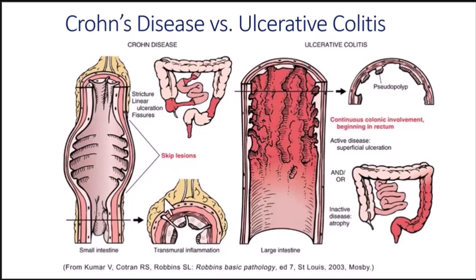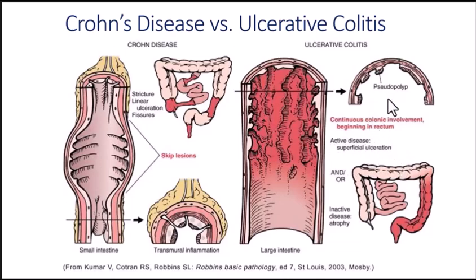With Crohn's disease, we know that the inflammation is going to affect all layers, so transmural. Whereas with ulcerative colitis, what we have is just the mucosal layer that is affected. So we're only going to be getting superficial ulcerations.